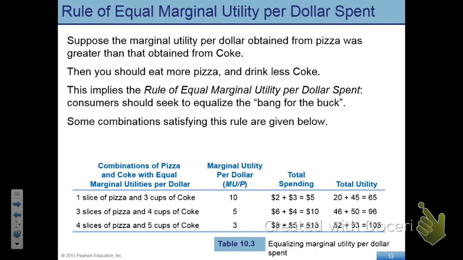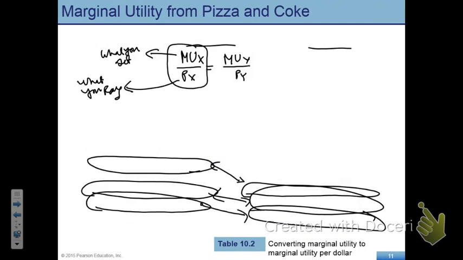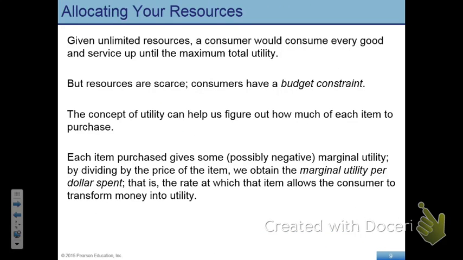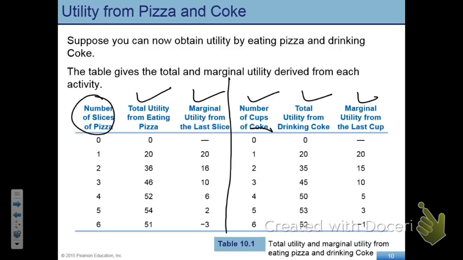To make things even more complicated, the associated total utility from these bundles is also different. Notice that in the first combination, we have 1 pizza and 3 cups of Coke. If we go back to our original data, the utility from buying the first pizza is 20. The utility of buying 3 cups of Coke is 45.